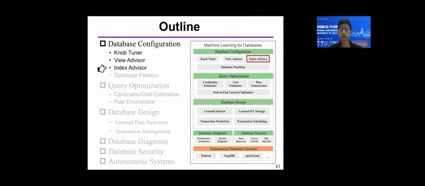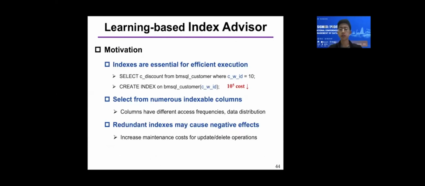Next, we are going to introduce the index advisor. In DBMS, indexes are the key to speed up query execution, and one of the most important problems is index selection. First, we can build an index for a specific query and get a very high cost reduction. However, index selection is a hard problem.